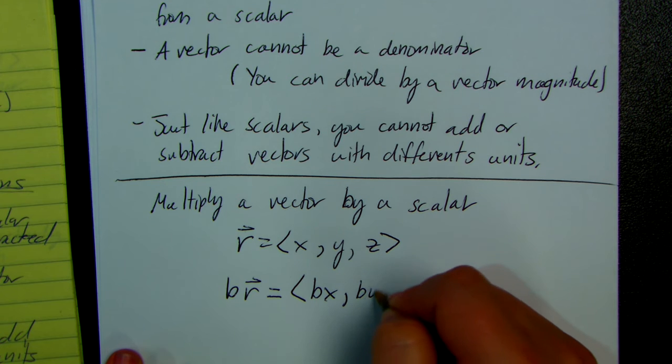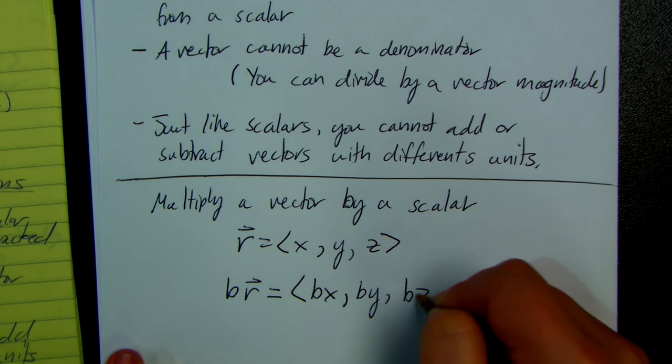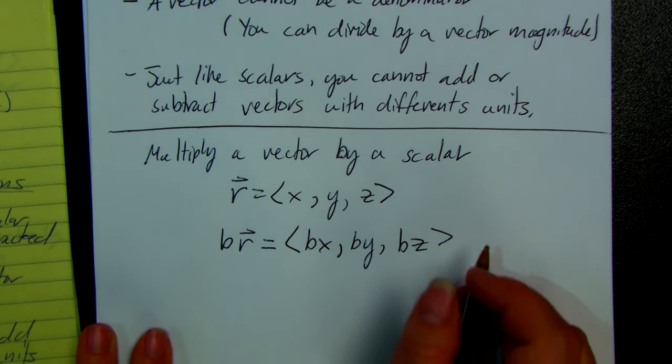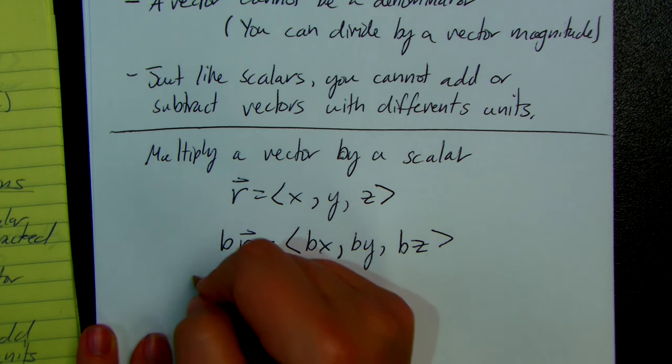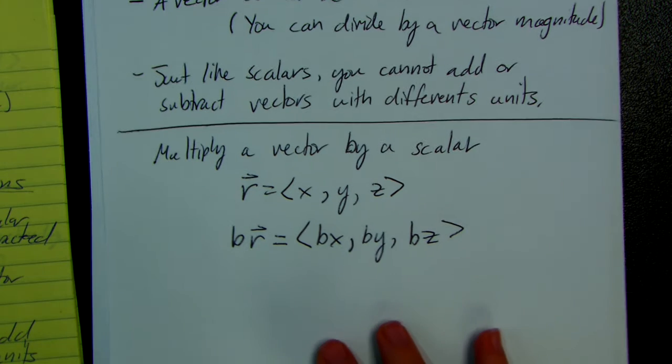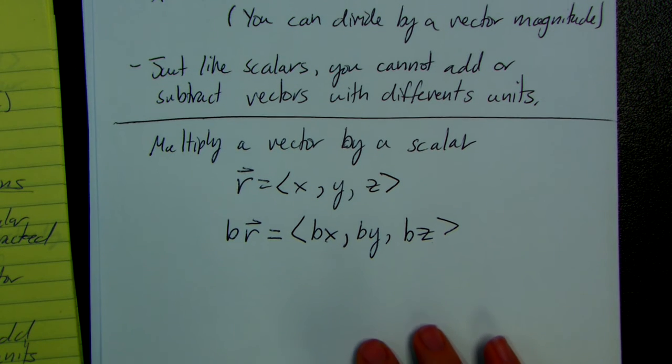This result distributes b through the vector. So x would be scaled by b, y would be scaled by b, and z would be scaled by b. Anytime you multiply a vector by a scalar, you are scaling the vector by the quantity of the scalar. We're doing this a lot in this class.